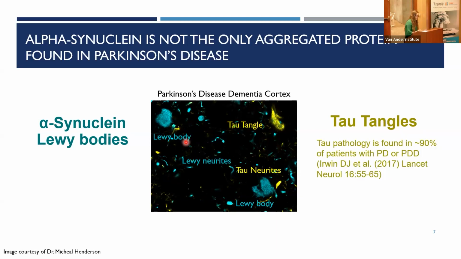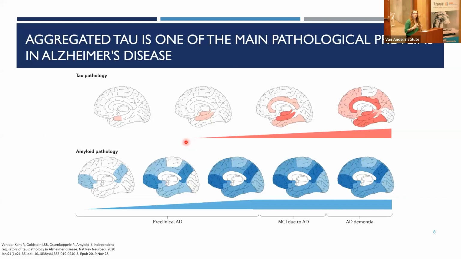And a study in 2017 found that nearly 90% of patients with Parkinson's disease or Parkinson's disease dementia after passing actually have this aggregated tau in their brains. And so it really makes us question what is happening here to make tau aggregate when we know alpha-synuclein is that main protein.